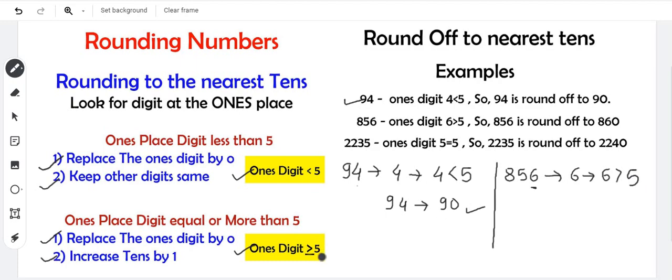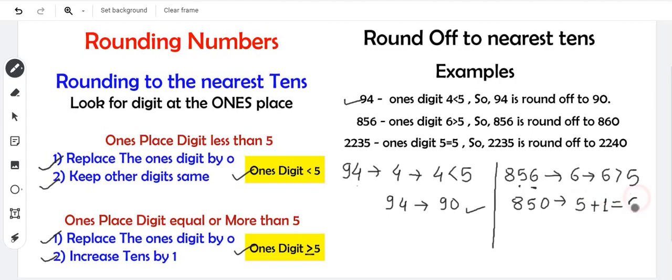It comes under the condition ones digit greater than 5, in which the first rule is replace the ones digit by 0. The ones digit is 6, so replace 6 by 0. The second rule is increase tens by 1.